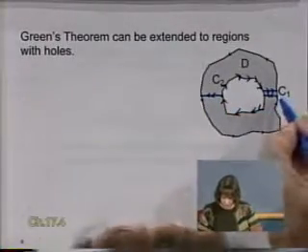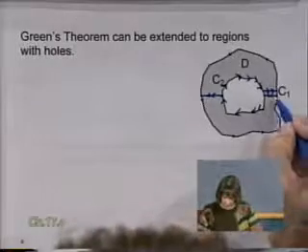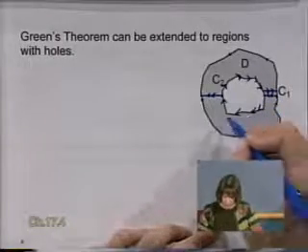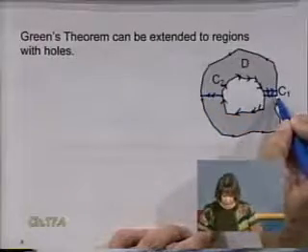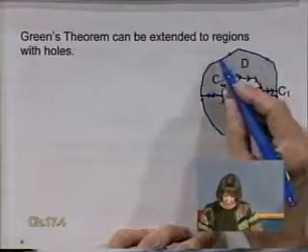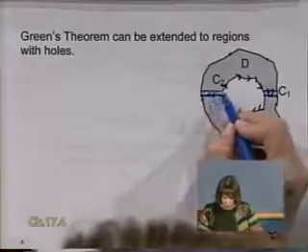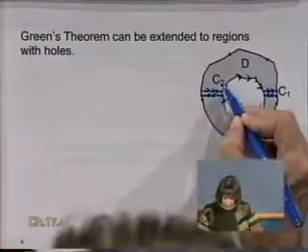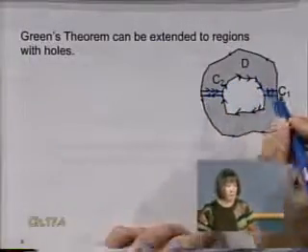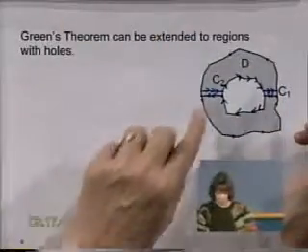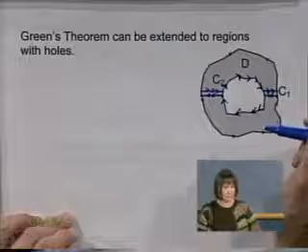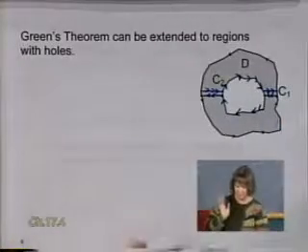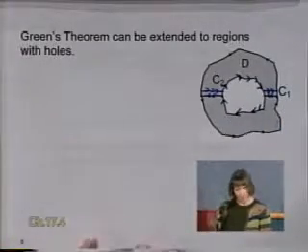So we're going to go up to here, through to here, all the way around here, and then we can go all the way around up here, back through here, and all the way to here and down. And that way we've gone all the way around the edges. So I've just added two little pieces that I've cut, two little slices. Now you go, will Green's theorem work?